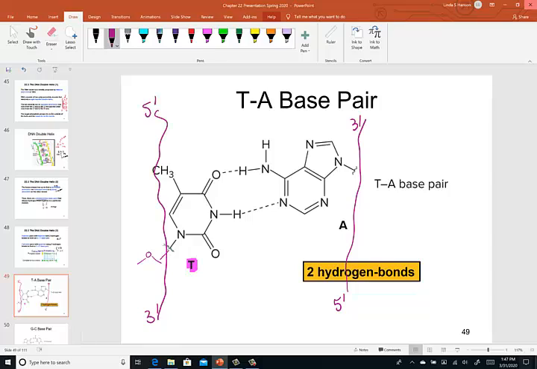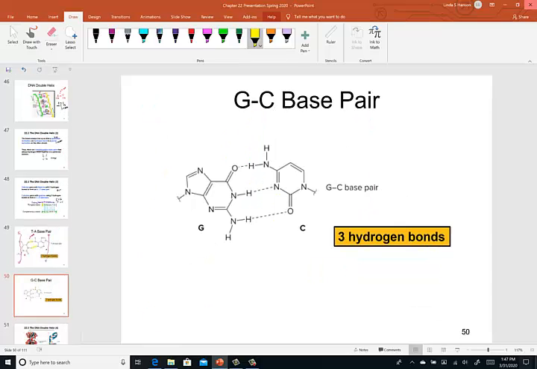What holds one strand of a DNA molecule to the other are these very strong intermolecular attractions known as hydrogen bonds. When an A and a T bond together, clearly we see 2 hydrogen bonds between those complementary bases. And when a G bonds with a C, the GC base pairing, we have 3 hydrogen bonds that are holding the 2 ribbons together.